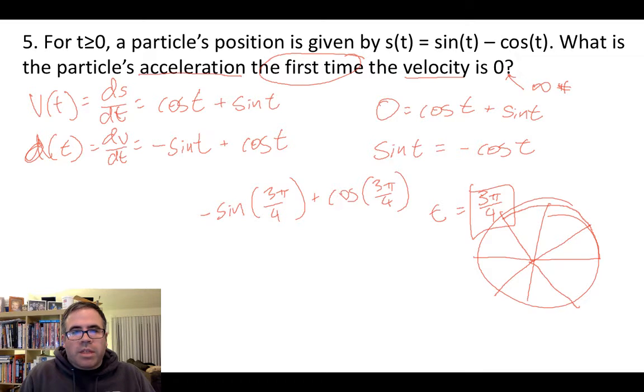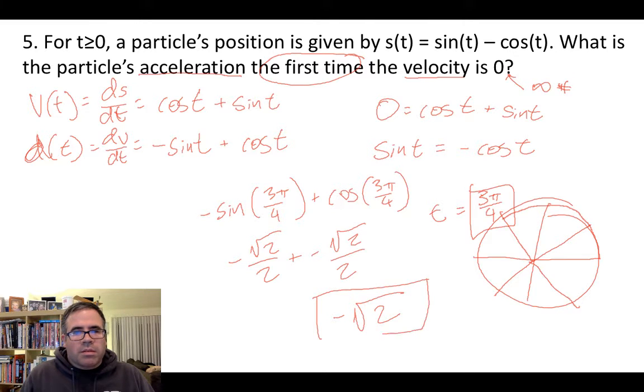Evaluating these, we get negative the square root of 2 over 2 plus cosine is negative the square root of 2 over 2. Add these together, you get the negative square root of 2. Again, having the unit circle, very helpful for something like this.